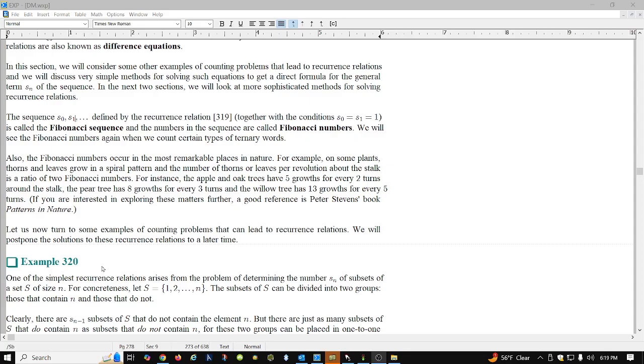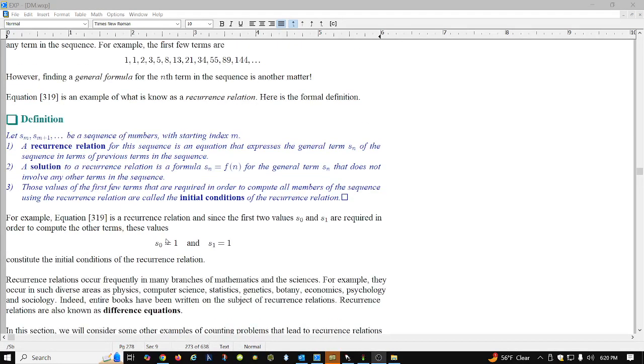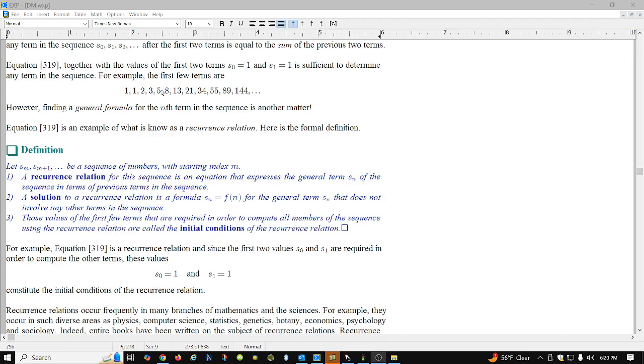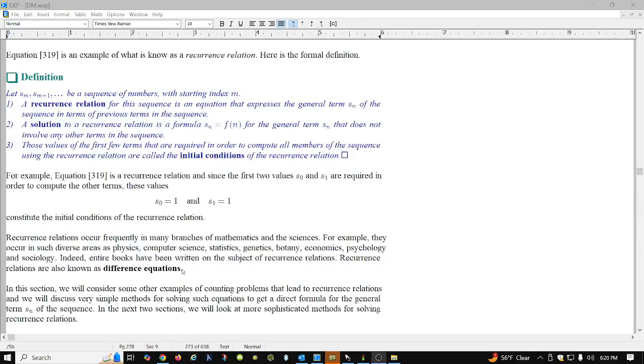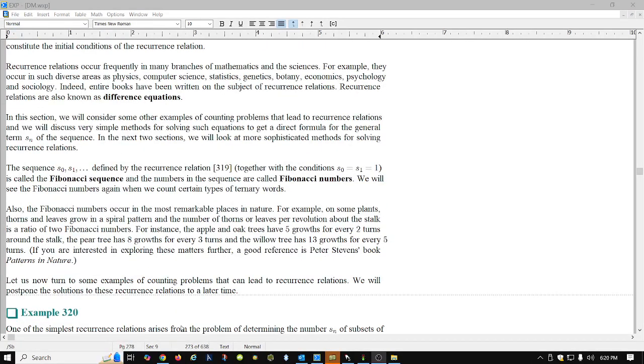So for instance, the apple and the oak tree have 5 growths for every 2 turns around the stalk. And if we go back here, 5 for every 2. What else? The pear tree has 8 growths for every 3 turns.